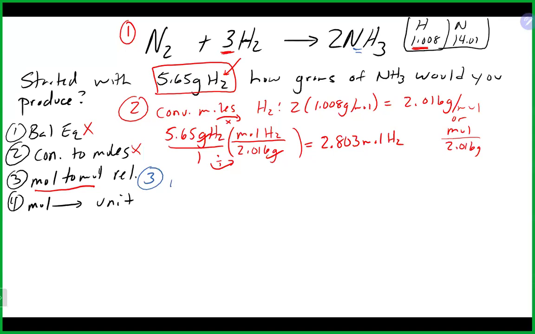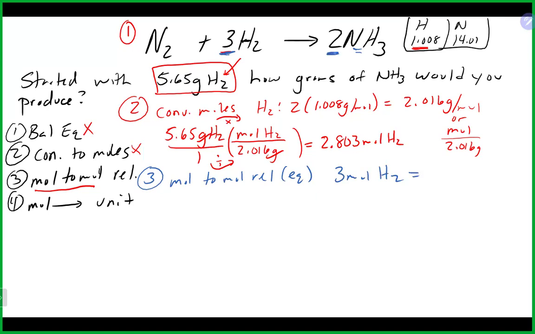So if we go to the equation, from the equation, how many moles of H2 do I see in that equation? What's the number in front of it? 3. This number right there. So I have 3 moles of H2. How many moles of NH3 do I have from the equation?